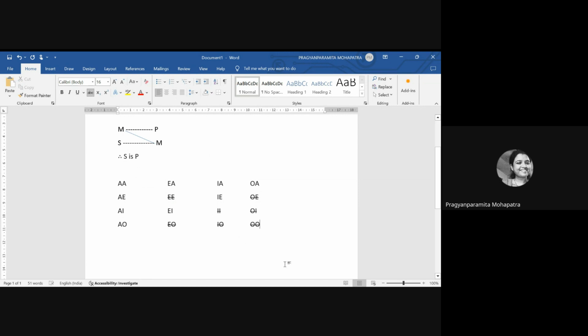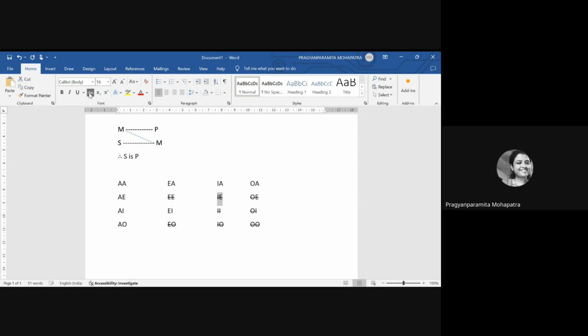Got it? Yes. Okay. Now, if the major premise is particular and minor premise is negative, then no conclusion follows. Major premise is particular and minor premise is negative.